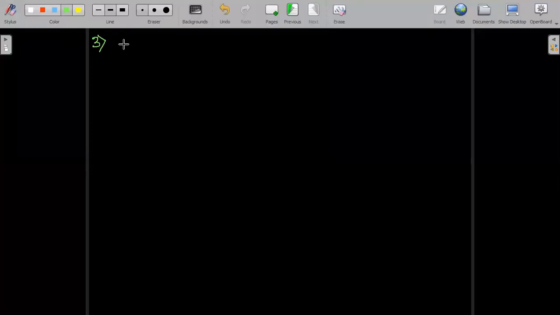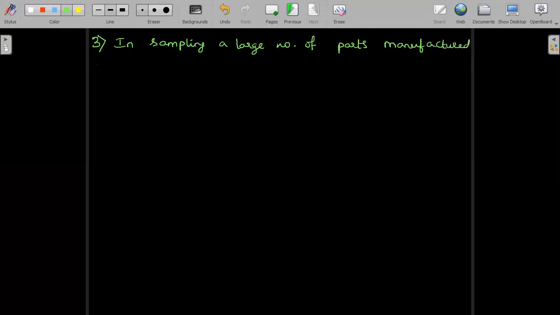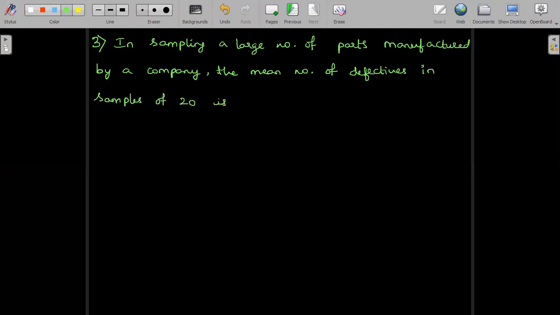In sampling a large number of parts manufactured by a company, the mean number of defectives in samples of 20 is 2.